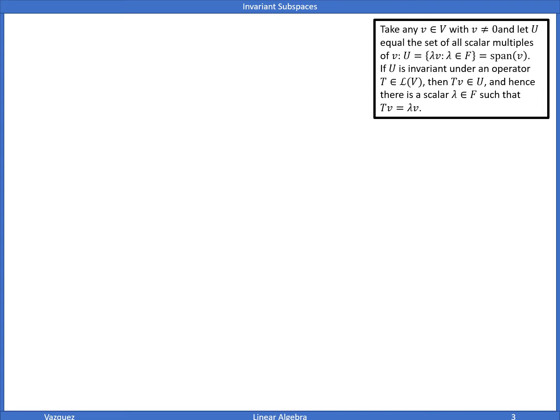Because it's invariant under the operator T, and hence there's a scalar lambda such that Tv is equal to lambda v. And again, why? Because Tv is in u, so we can find a lambda such that that equation is true.